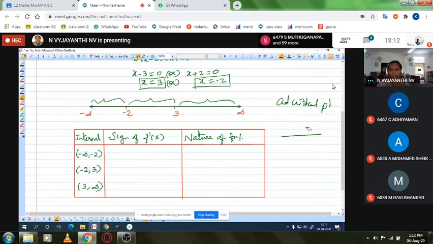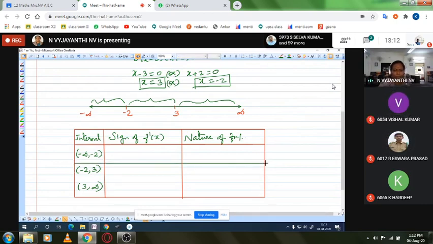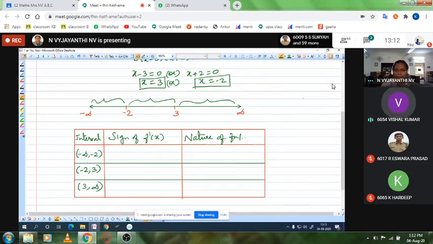Got it? Whenever we consider a critical point, how did we get the critical point? By putting f dash of x equal to 0. So at 3, what is f dash of x?